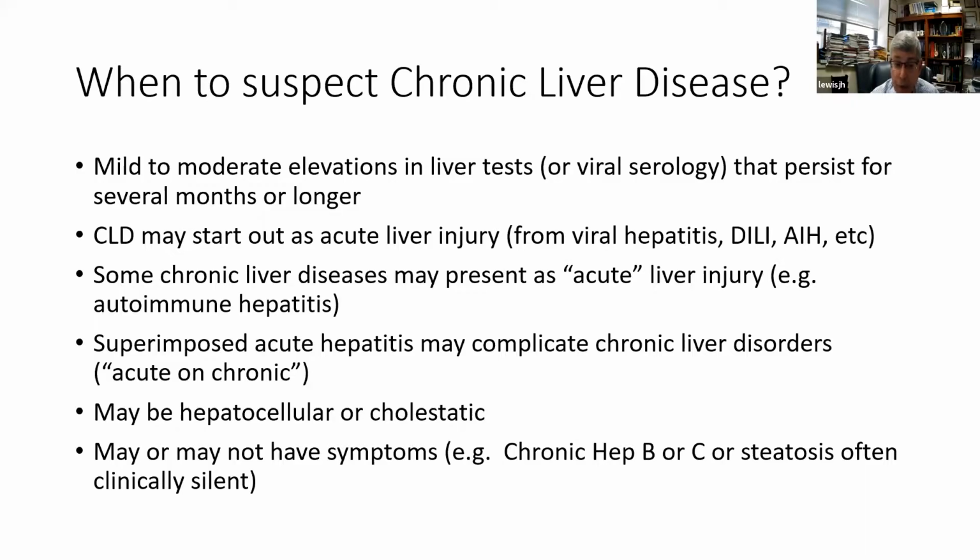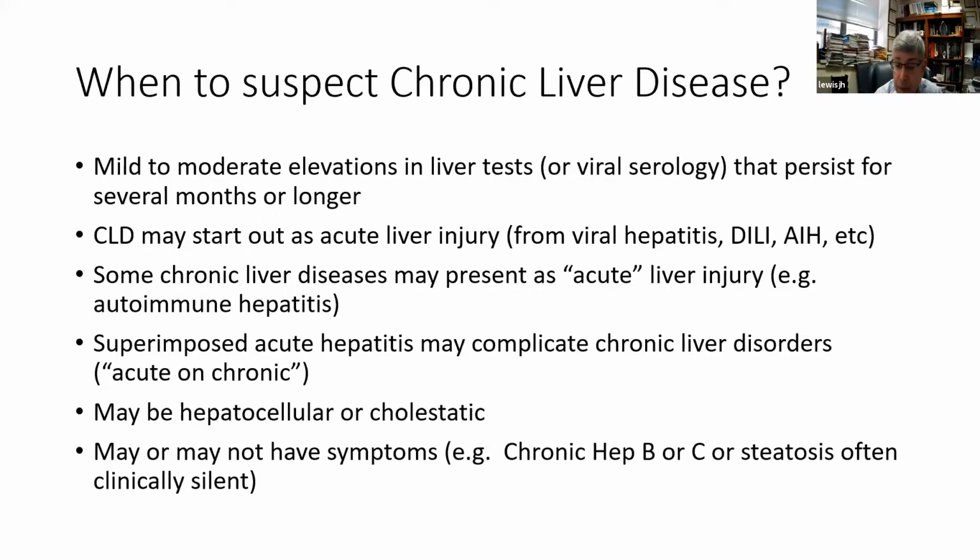All chronic liver disease obviously can start out as acute liver injury, and that includes drug-induced liver injury in some cases, but going by these persistent elevations for more than 6 months is a good thing to think about.